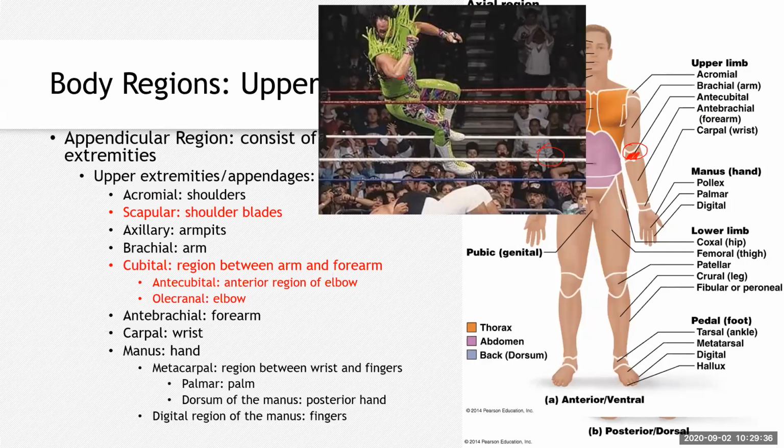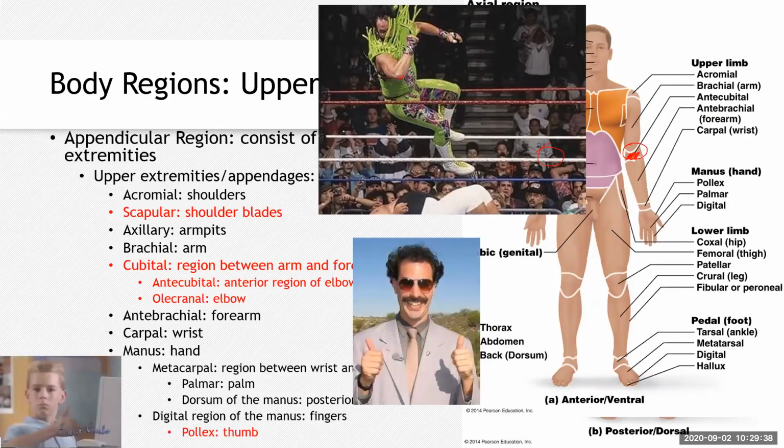And when we talk about the digitals, the digitals are the fingers. But if we're talking specifically about the thumbs, then it's the pollex. The pollex is different from the hallux, which is the big toe.